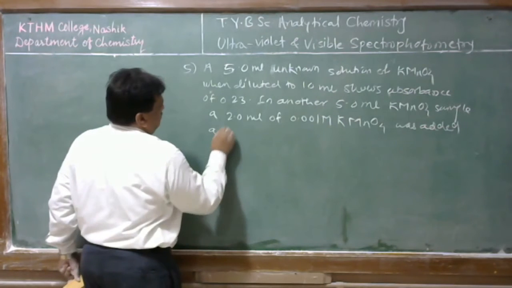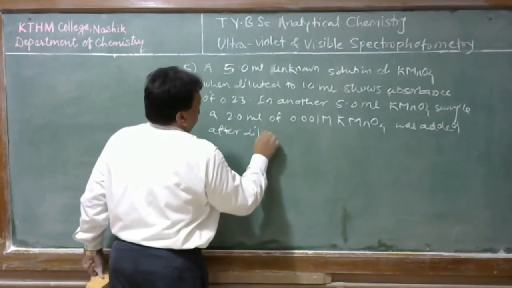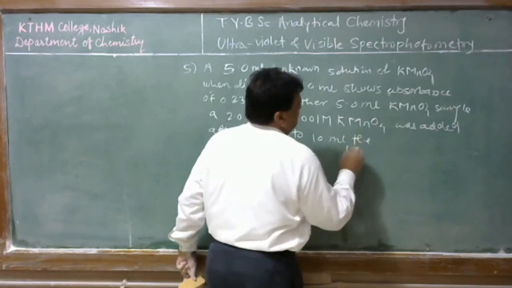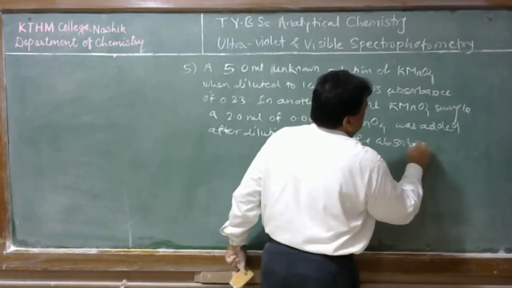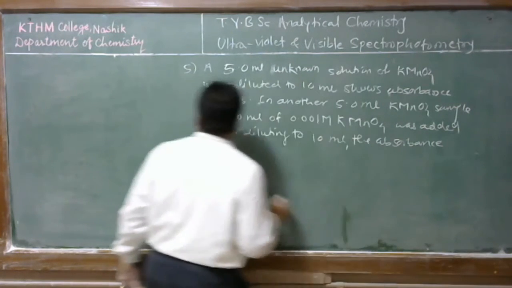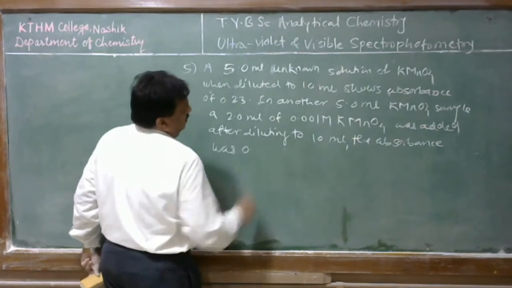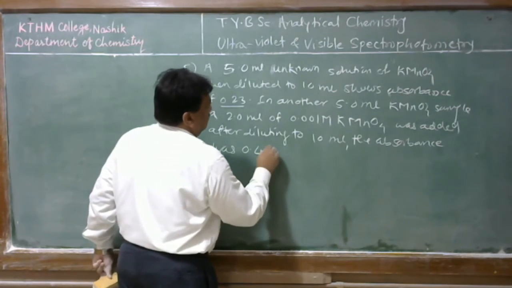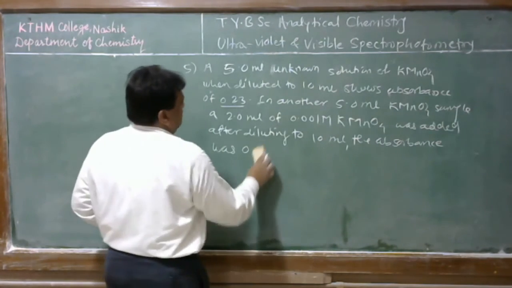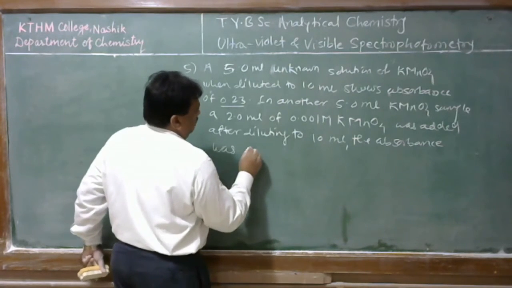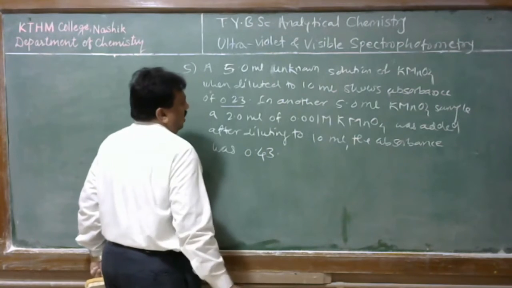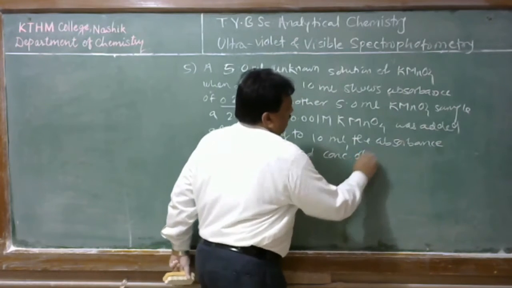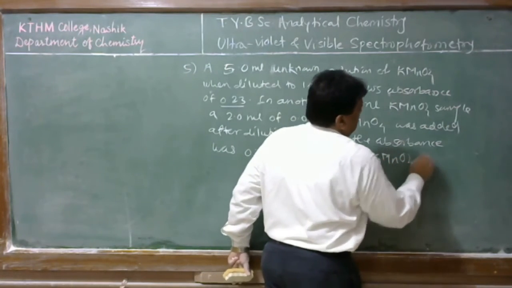After diluting to 10 ml, the absorbance was 0.43, the new absorbance. We have to find the concentration of KMnO4 in the sample.